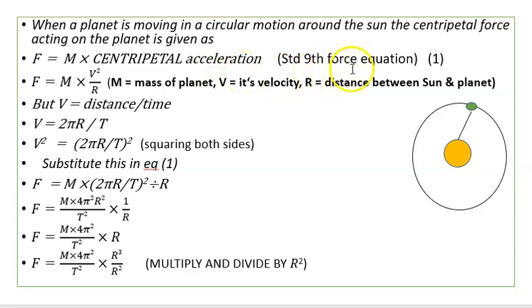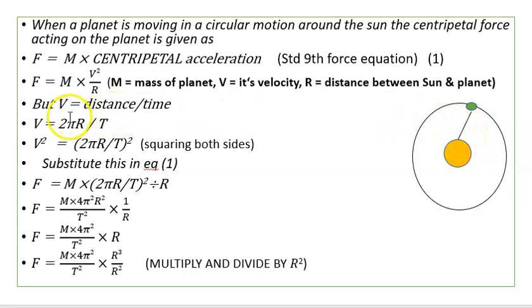This was your force equation studied in standard 9th, which will be equation 1. F is equal to m into v square upon r, where m is the mass of the planet, v its velocity, and r is the distance between sun and planet.